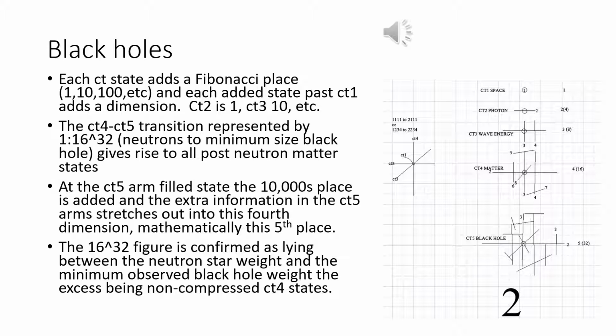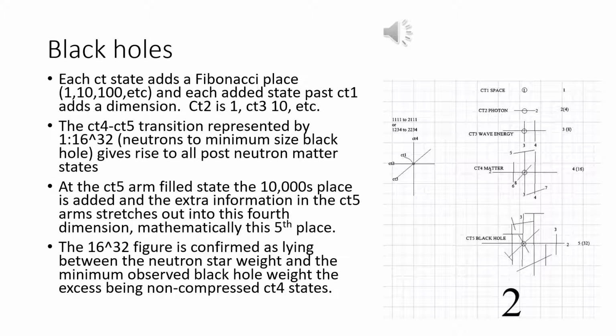Transitions between these places are represented by compression, and the best way to represent the compression is by using information arms, which exponentially fill from one arm to the next with the next lower state. CT5 arms serve as a model for explaining the alignment of neutrons to form the next compression state in the 10,000s place, having four dimensions.